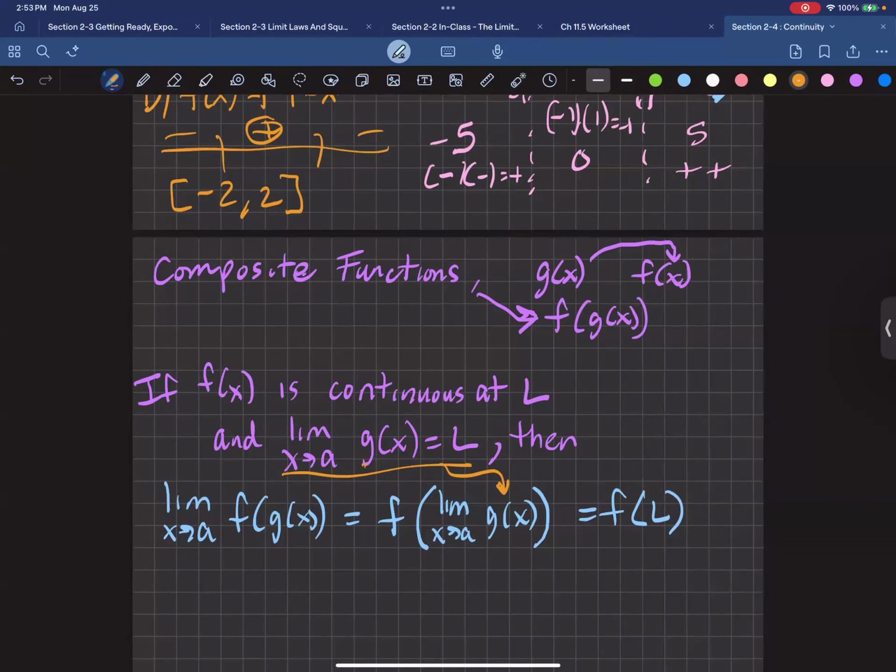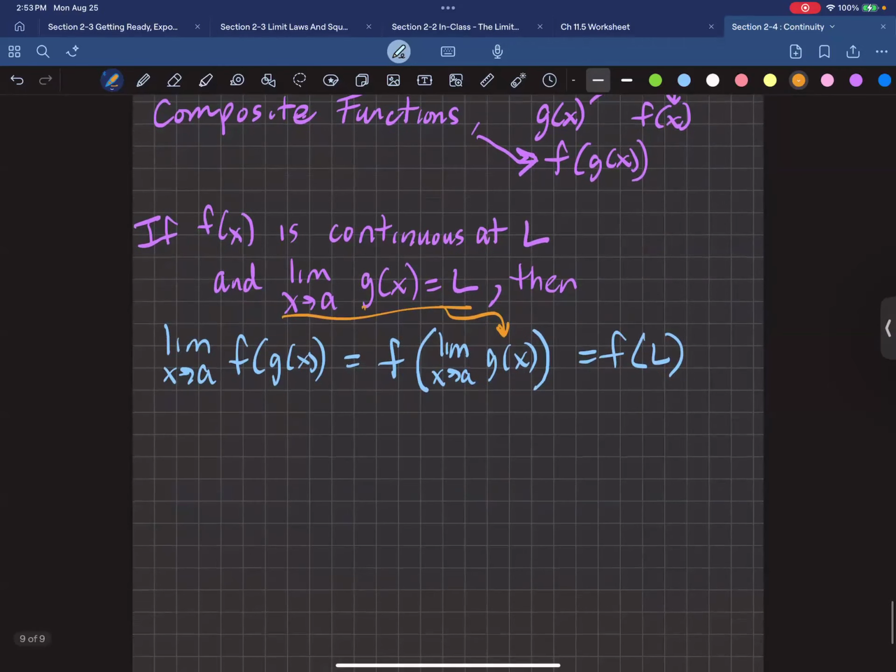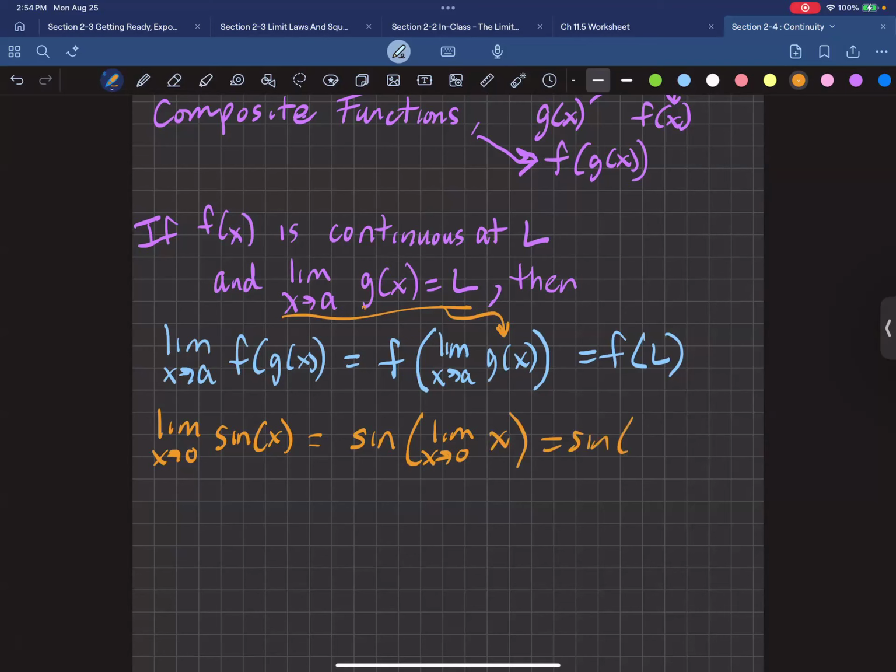We've used this a little bit without really explaining it before in the last section. I could do limit as x approaches 0 of sine x equals sine of the limit as x approaches 0 of x, which equals sine 0, which equals 0. So there's a nice little trait here.